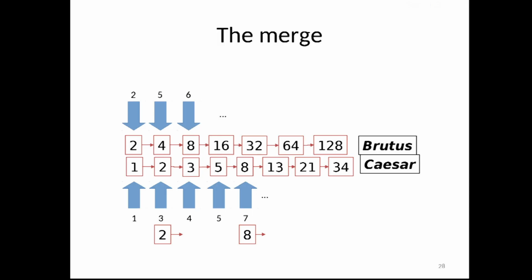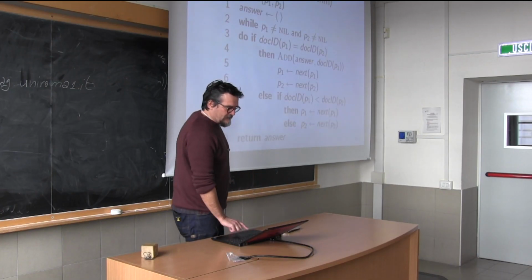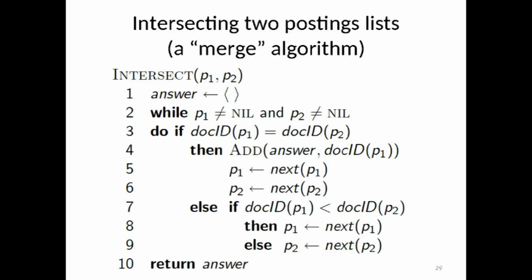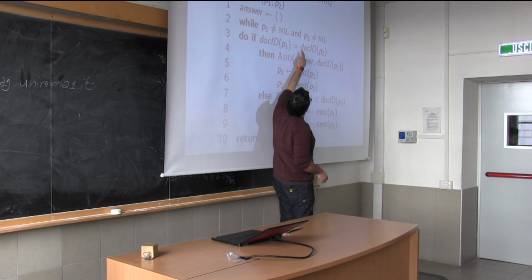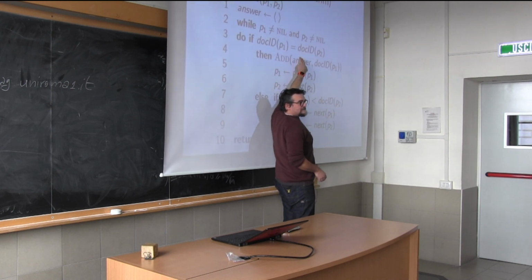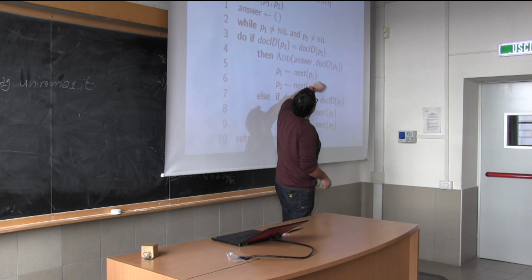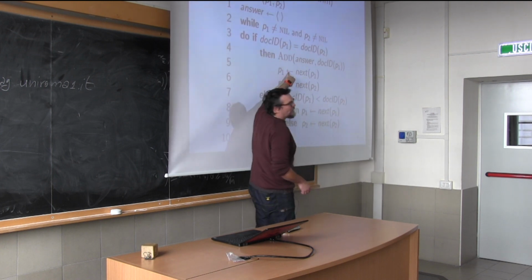This is again another picture, but basically I do believe it's clear for everybody. Is it? Good. So this is the algorithm in pseudo code. Again, you sort both the lists and then you move with the pointers, and if the doc ID is present in both the posting lists, you add it to your solution and you move on.